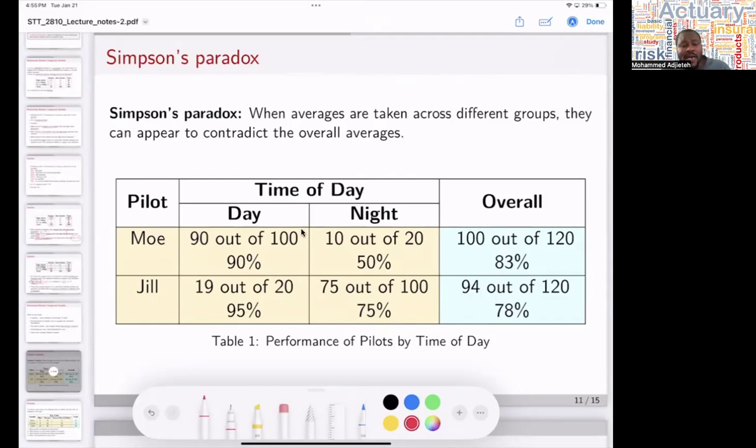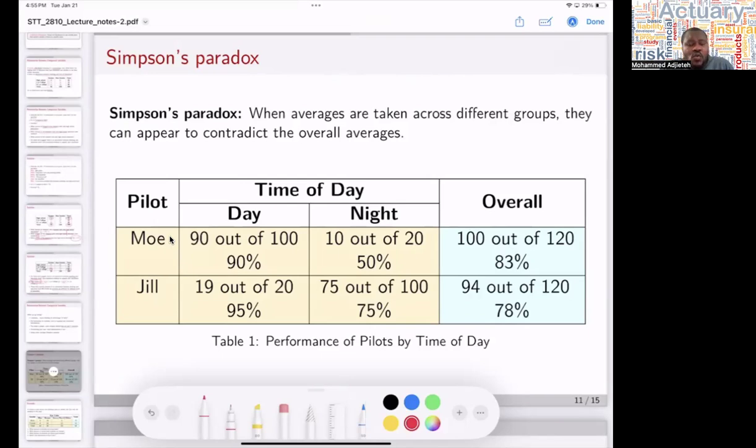Looking at Mo, during the day he has about 90% on-time flights, while Jill has about 95%. So looking at the percentages, it looks like Jill has a higher percentage of on-time day flights.